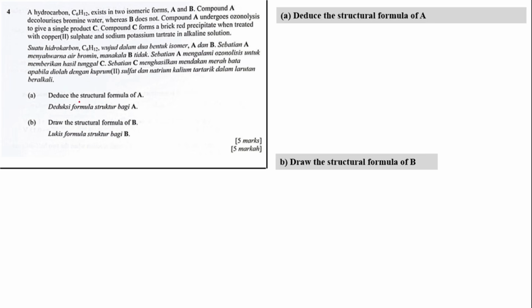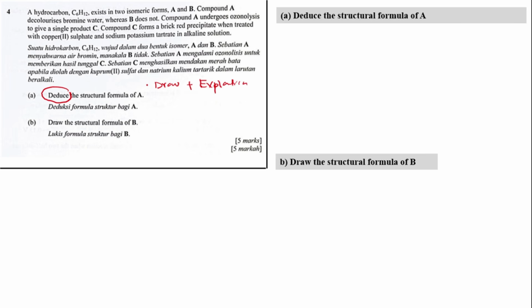So you have to deduce the structural formula of A and draw the structural formula of B. So when you see the question deduce, you need to draw and give explanation.